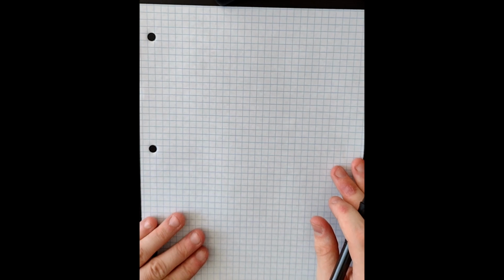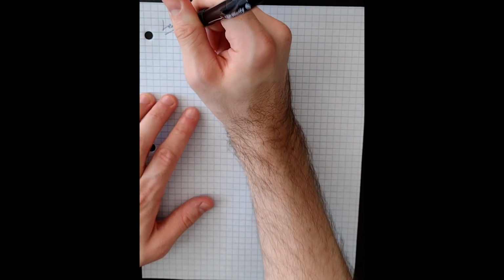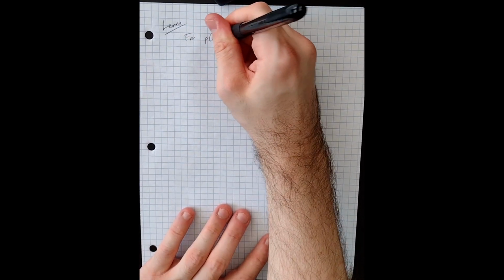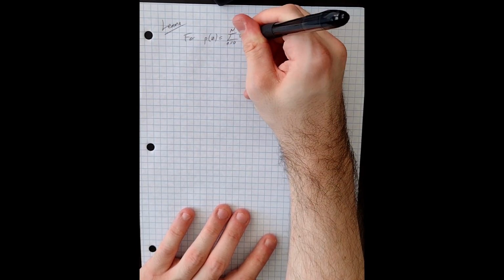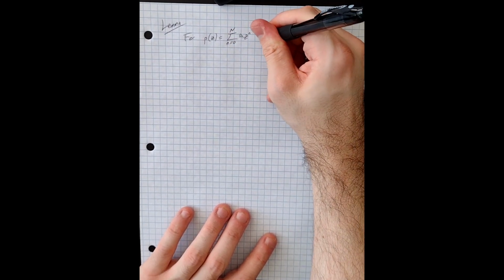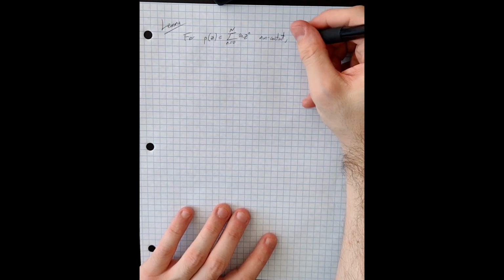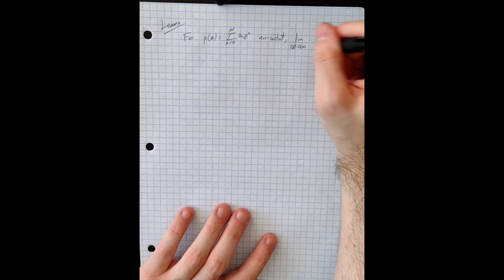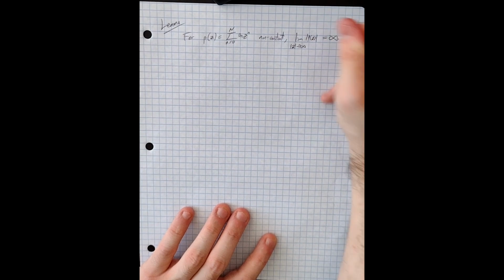So first we need a lemma. And we're going to prove that for any non-constant polynomial, the limit as the magnitude of z goes to infinity of the magnitude of p of z is infinity.